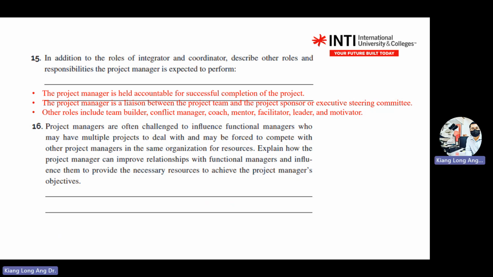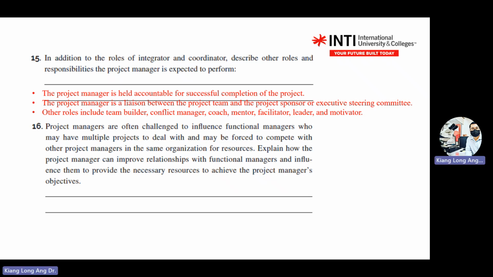You also communicate with the project team, project sponsor, and executive committee. Because the main responsibility is you communicate with the functional or line manager. But besides that, these are your responsibilities. Other roles can be team building, because you need to integrate the teams together.